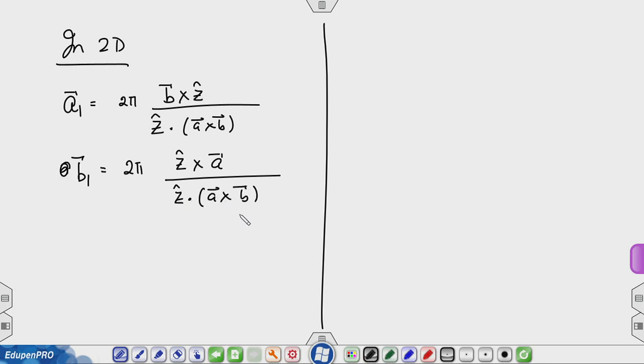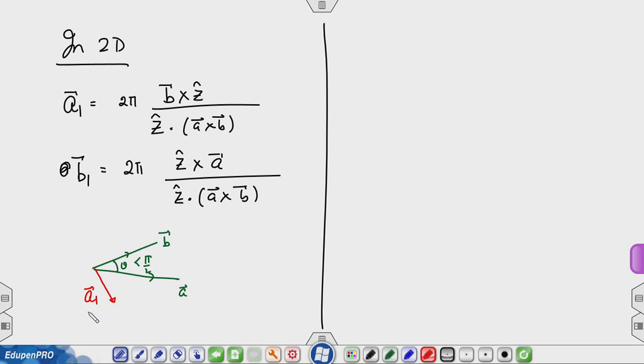So, let us see what it does. Suppose I have this A and B like this with an angle theta less than π by 2. B cross Z would give me a vector in this direction. So, this will be A1 with some magnitude.